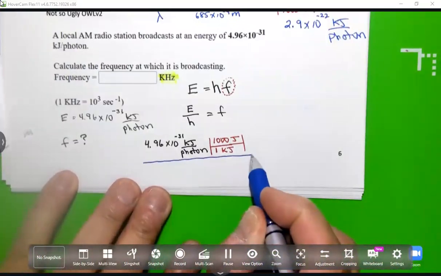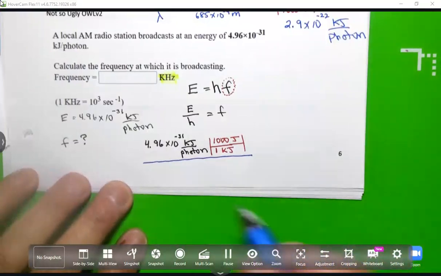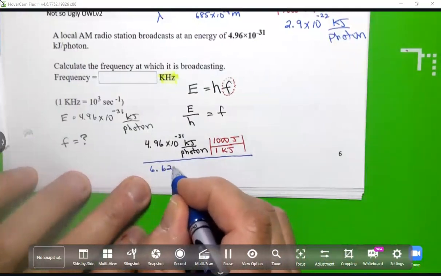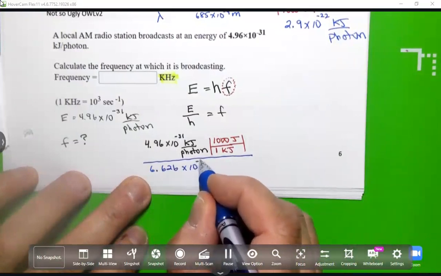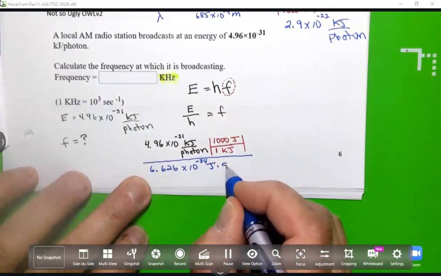And now I'm going to divide this by Planck's constant, which is 6.626 times 10 to the minus 34 joules times seconds.